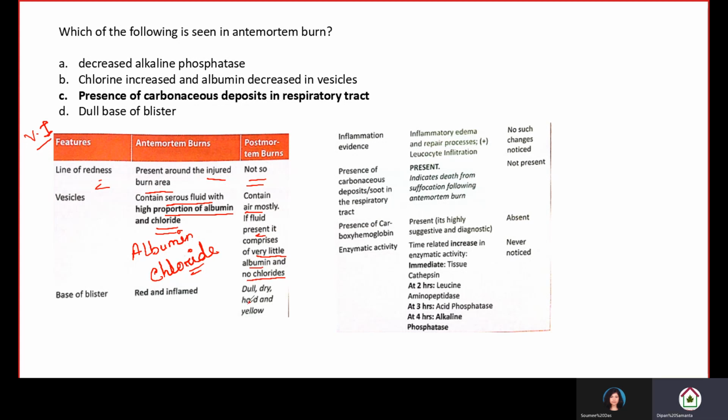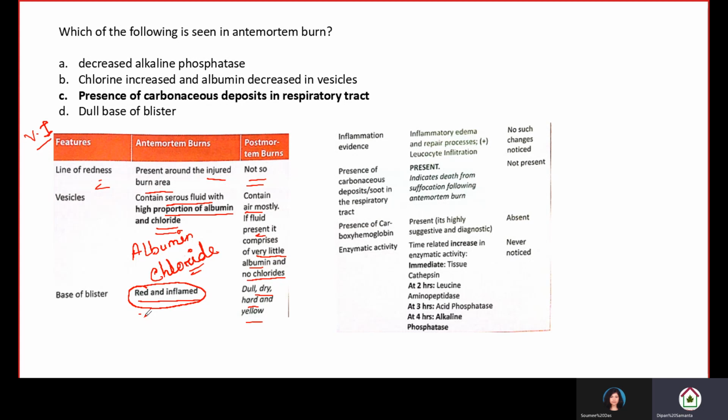This is vesicle. Next is base of blister. In antemortem burning, the base of the blister will be red and inflamed, while in postmortem it is dull, dry, hard, and yellow. Red and inflamed means features of inflammation can be seen.